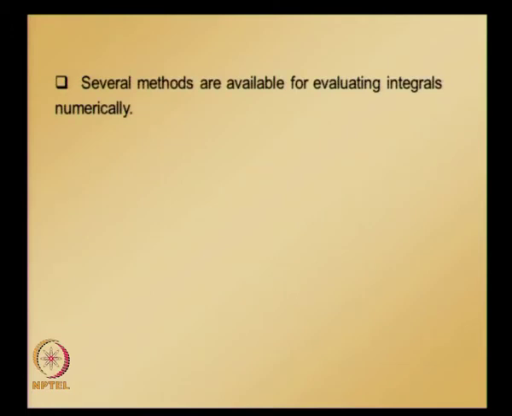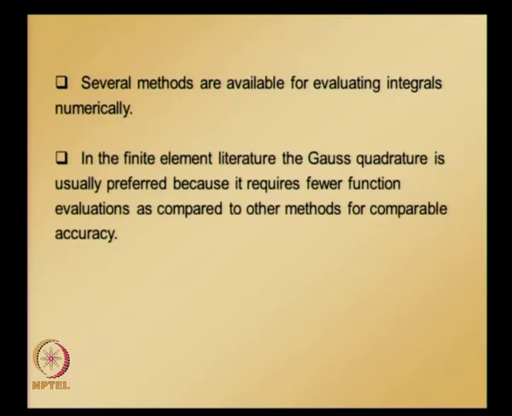There are several methods available for evaluating integrals numerically. In finite element literature, Gauss quadrature is usually employed because it requires fewer function evaluations as compared to other methods for comparable accuracy. So, that is the reason why Gaussian quadrature is so popular in the finite element method, or in fact in any other numerical technique like the boundary element method.